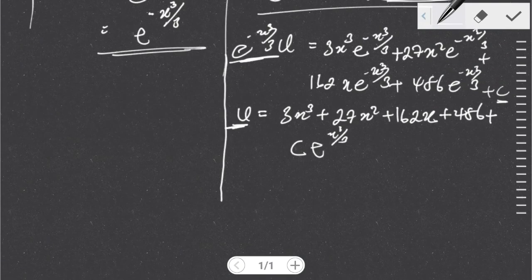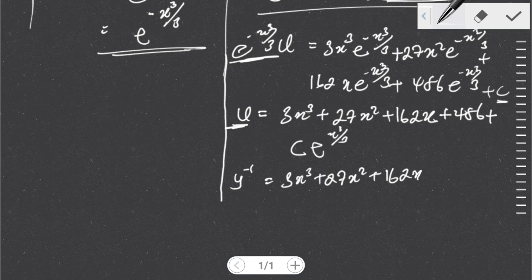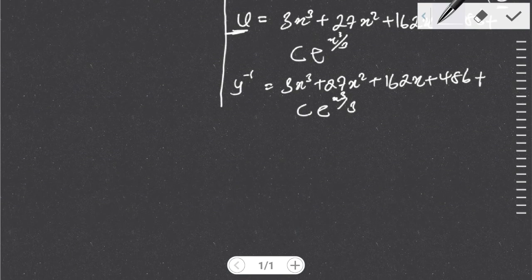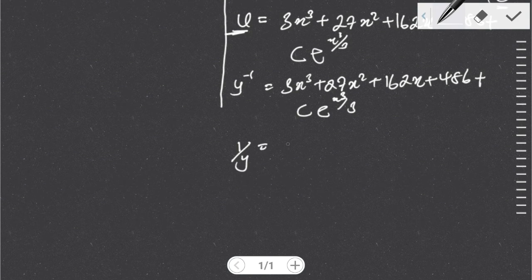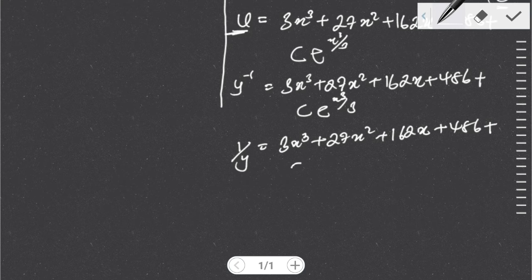Therefore we come and say that y to power -1 would be equals to 3x cubed plus 27x squared plus 162x plus 486, then plus c e to power x cubed out of 3, and therefore your final answer would be 1 out of y, which would be equals to 3x cubed plus 27x squared plus 162x plus 486 plus c e power x cubed out of 3.